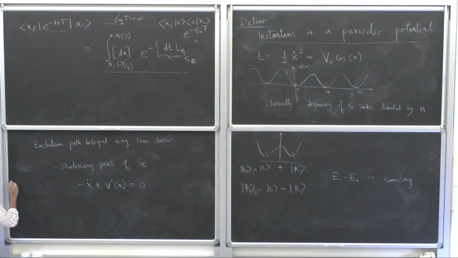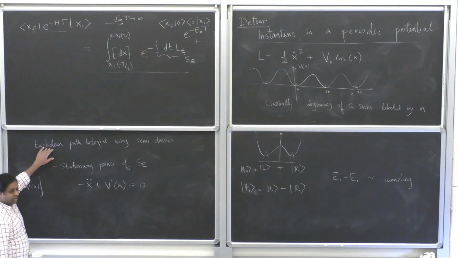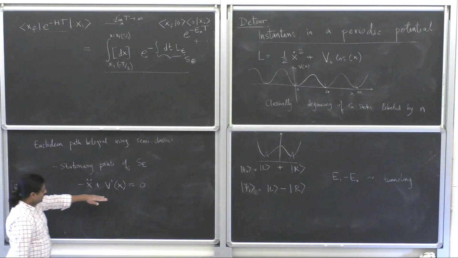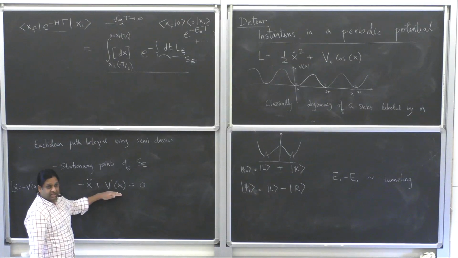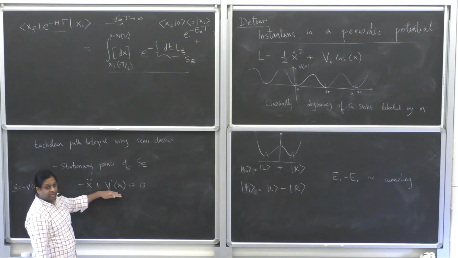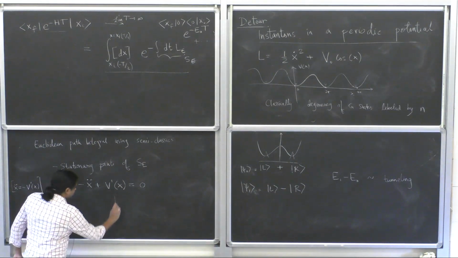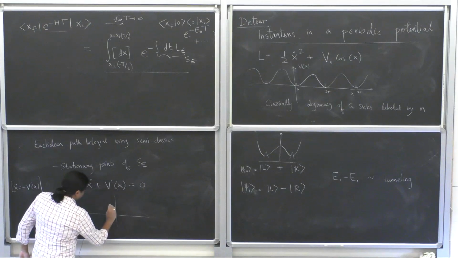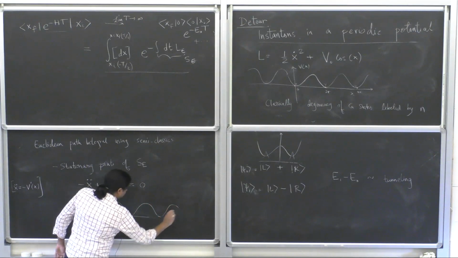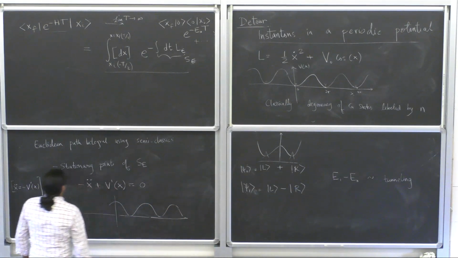Remember, if you actually wrote out the classical equation of motion for the particle, you'd find x double dot is minus dV/dx. If you're trying to find solutions to the Euclidean equation of motion, you find that these are the equations of motion with an inverted potential. So in other words, the potential now looks like this.